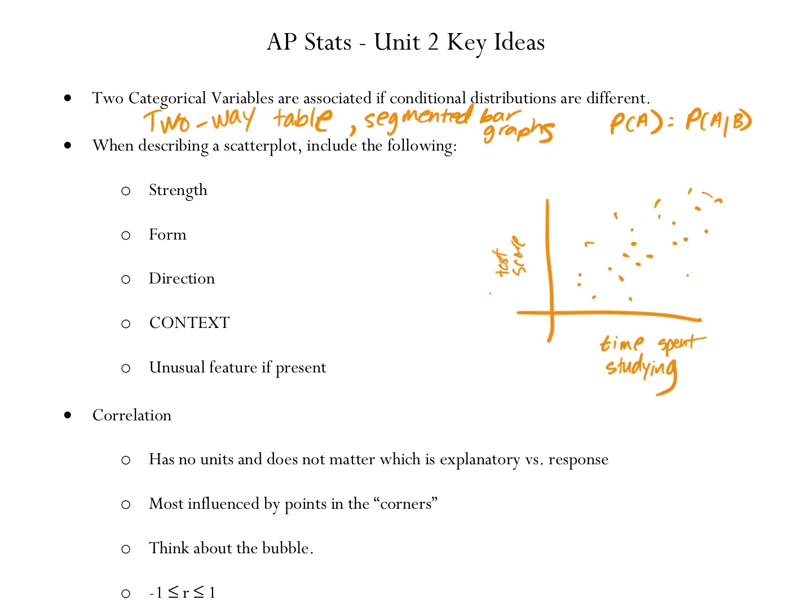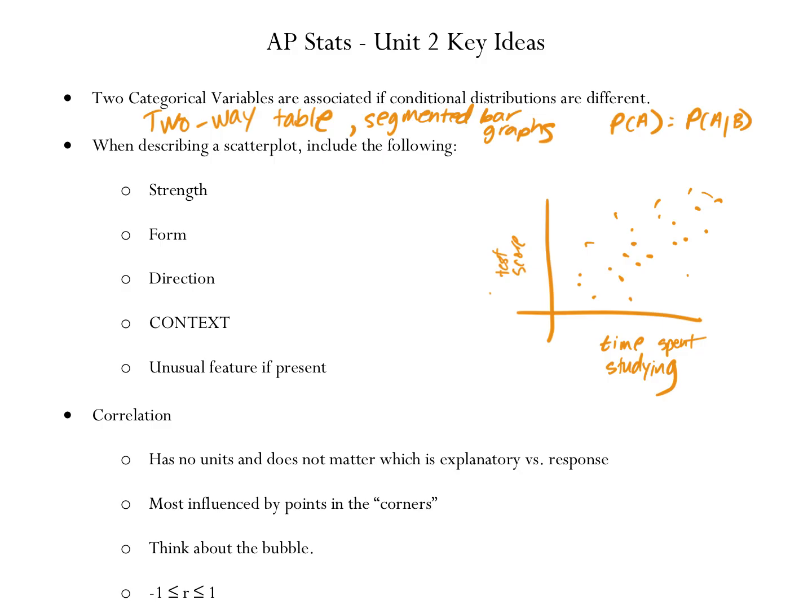If I gave you this particular scatter plot and asked what you see, describe the relationship shown in the scatter plot, I would expect you to talk about three things plus context. The three things are strength, form, and direction.